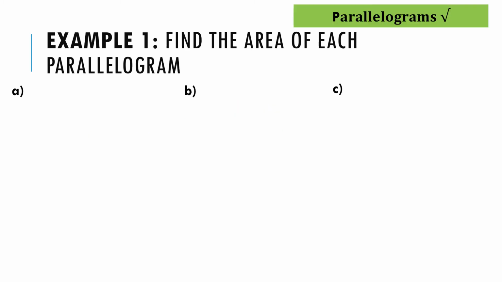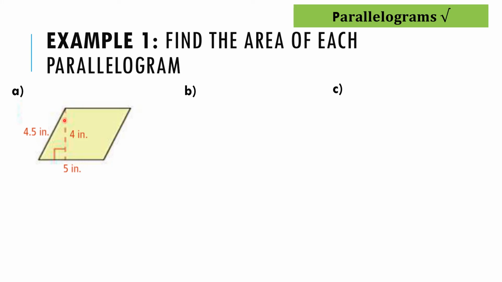Okay, so our first official example here is that we're looking at parallelograms now. So I'm moving our way through our learning target. We did rectangles and triangles. Now we're hitting parallelograms. So the first example is this parallelogram here. Remember that we want to find the base and the height to find the area. And so my base here is clearly 5.